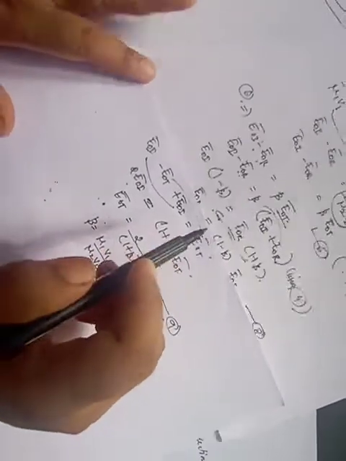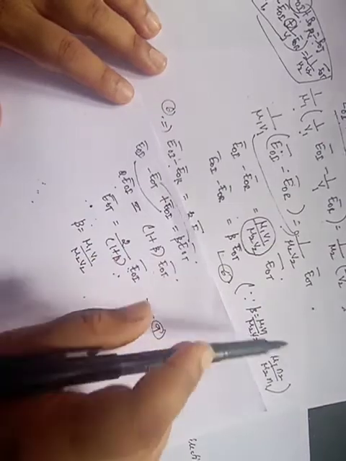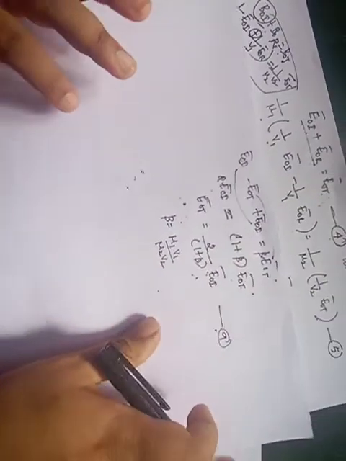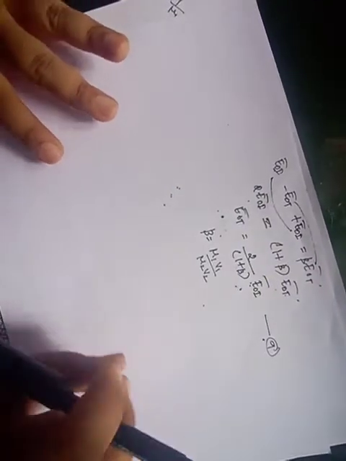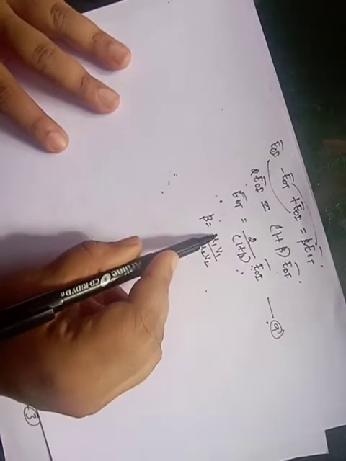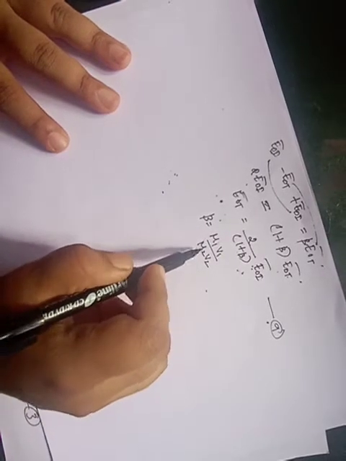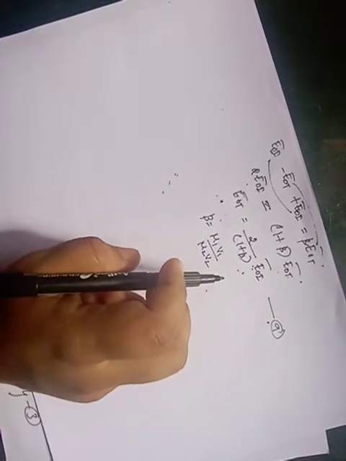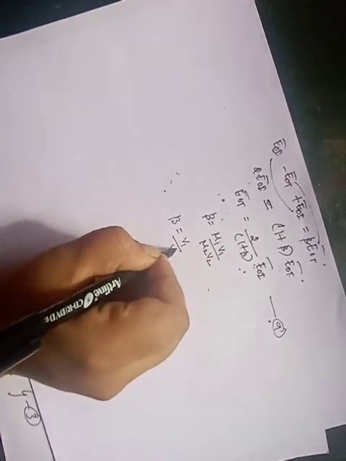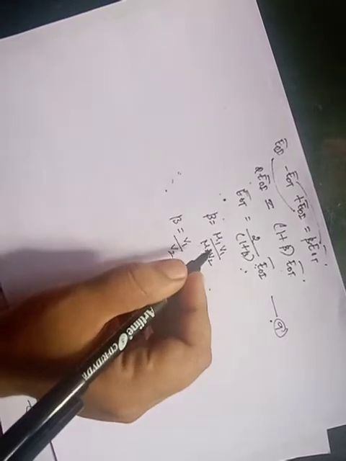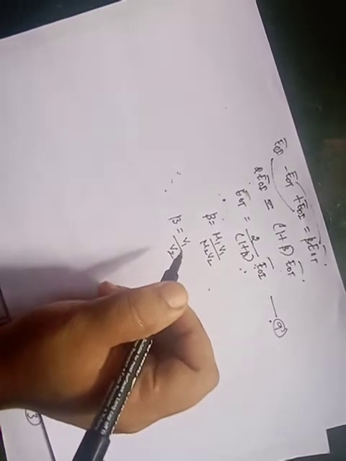In this equation we are going to take the permittivities to be closer to each other, so we can write both as equal, and these permittivities we neglect. So we can write beta as v1 by v2.